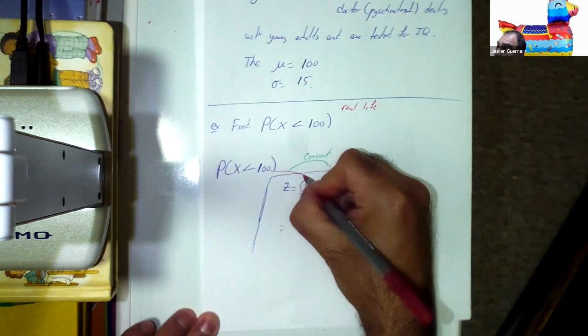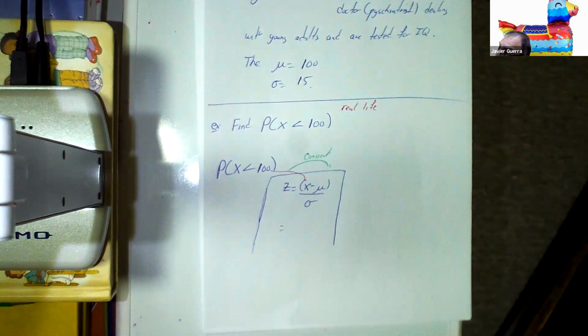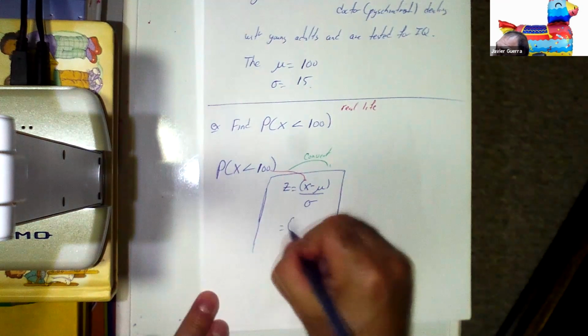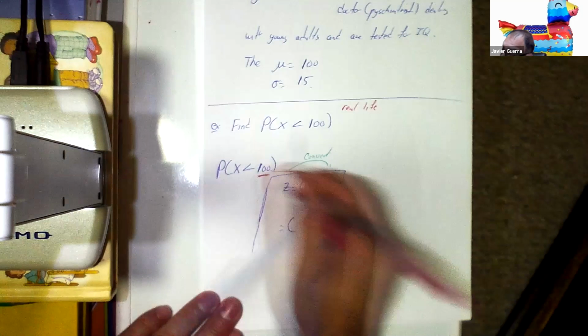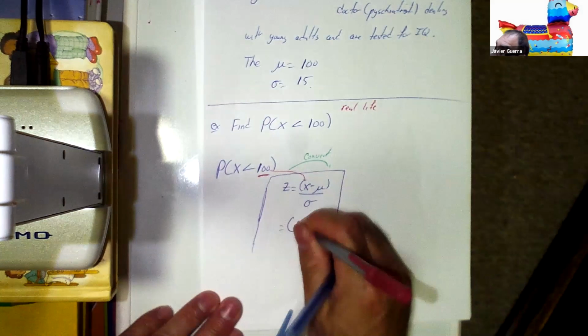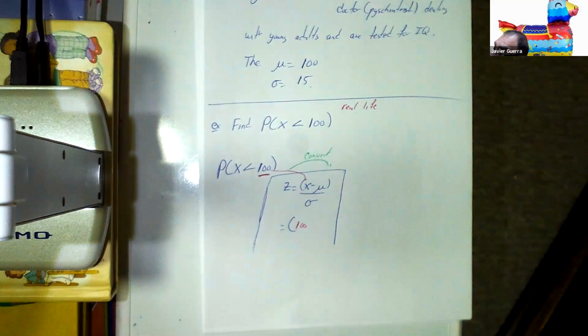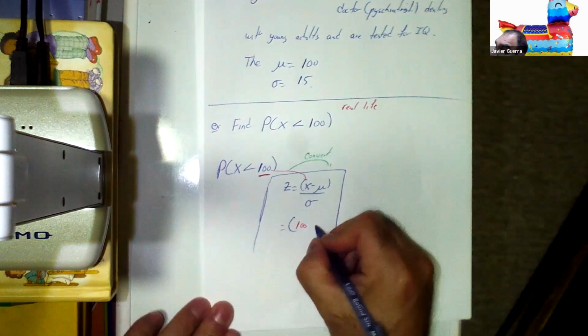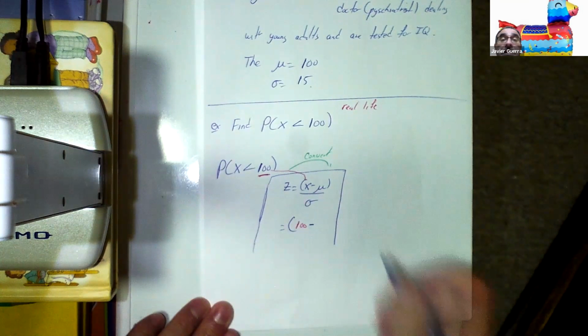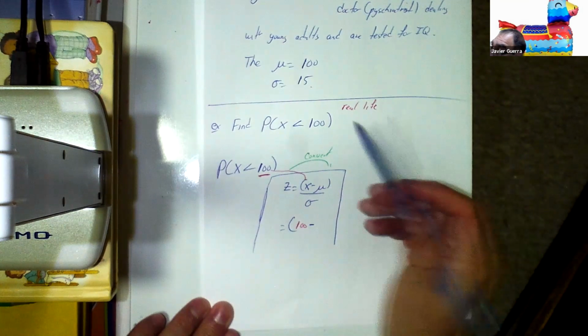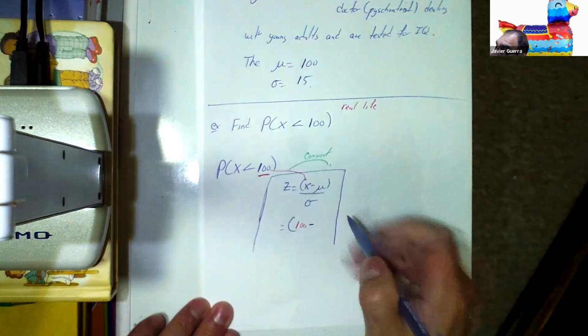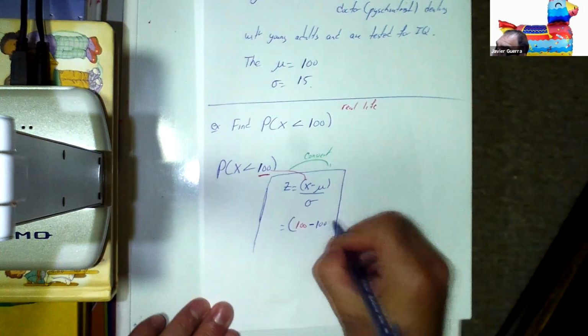So 100, which is what you're gonna make in your next test, right? 100 minus, okay, well, there's my mean. My mean is 100. And then I'm gonna divide it by 15.